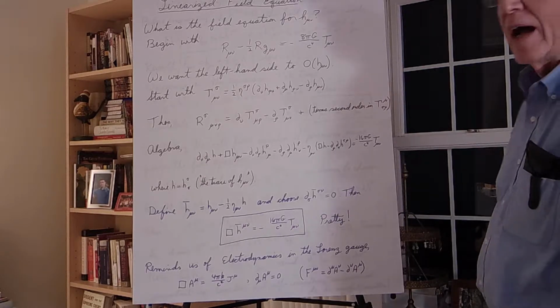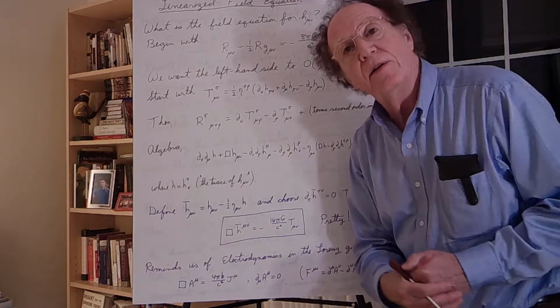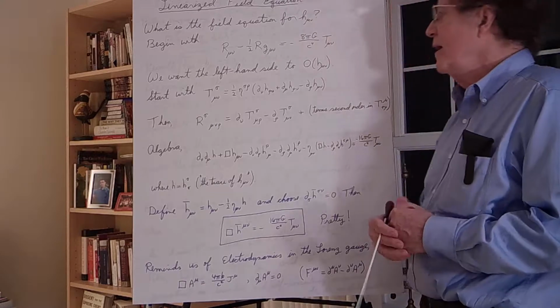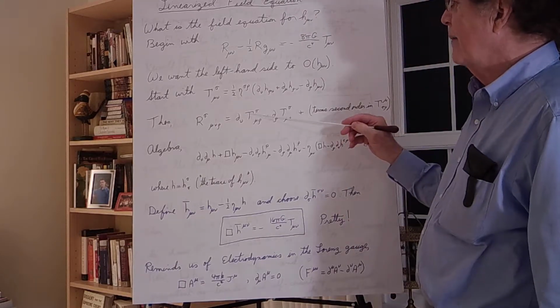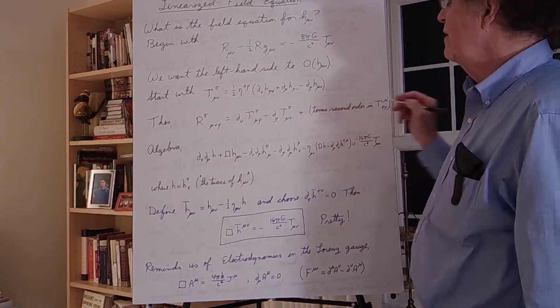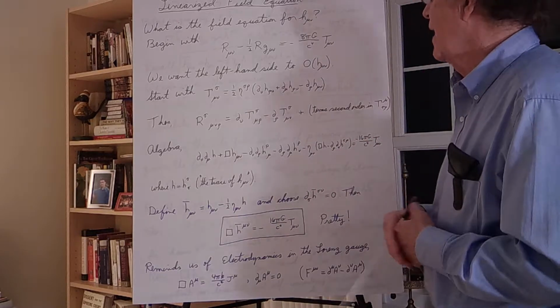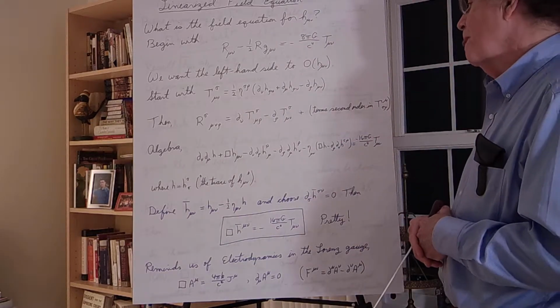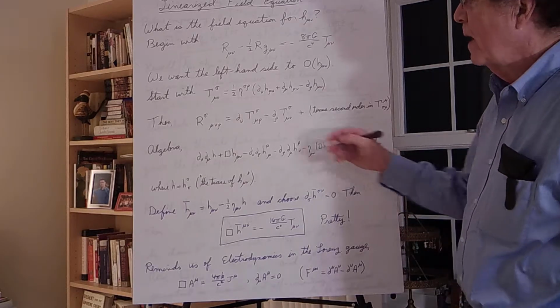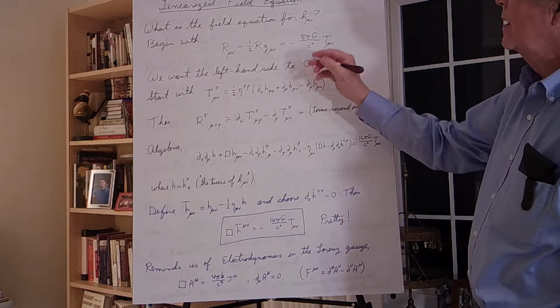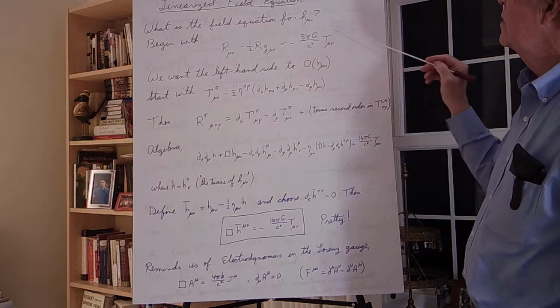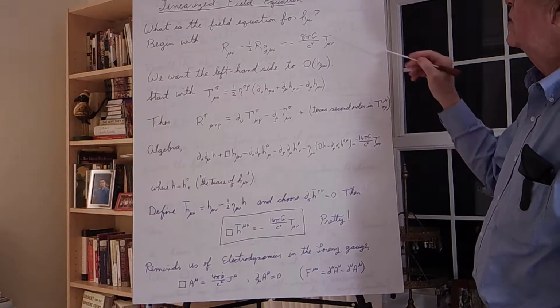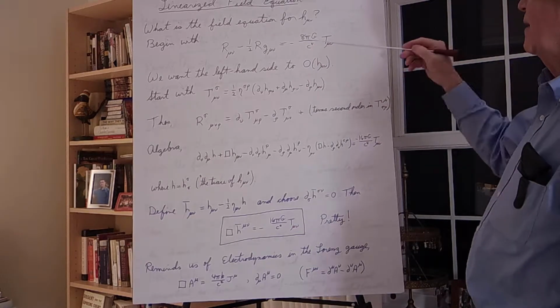And then I have a lot of algebra to do, and this is done in your supplementary lecture number 11, where you put in for gamma here, you take these derivatives, and you have a lot of algebra to do. Okay, it's straightforward, it isn't so bad, a couple of lines. So I do that, and then I'll get the left-hand side equal to proportionality T mu nu, and that's what I've written down here, you see.